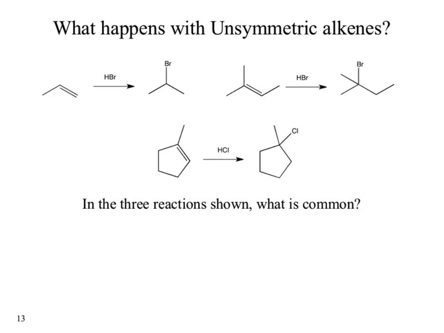Yes. What happens if you have an unsymmetrical alkene? Okay. What do we have in common in each of those three reactions? Somebody else. Breaking a pi bond.